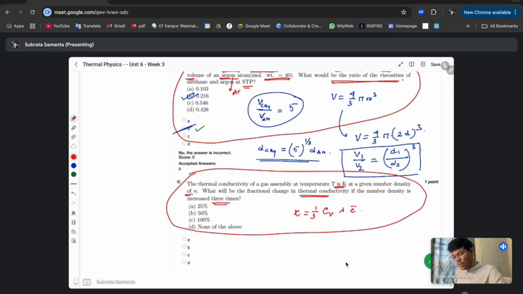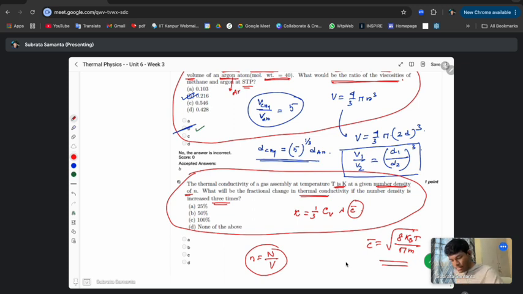Now how does it depend on the number density? C average does not depend on the number density. The C average is basically square root of 8 kBT over pi m, so there is no n here. The number density is small n, which is basically capital N over V. So there is no small n dependence in C average.